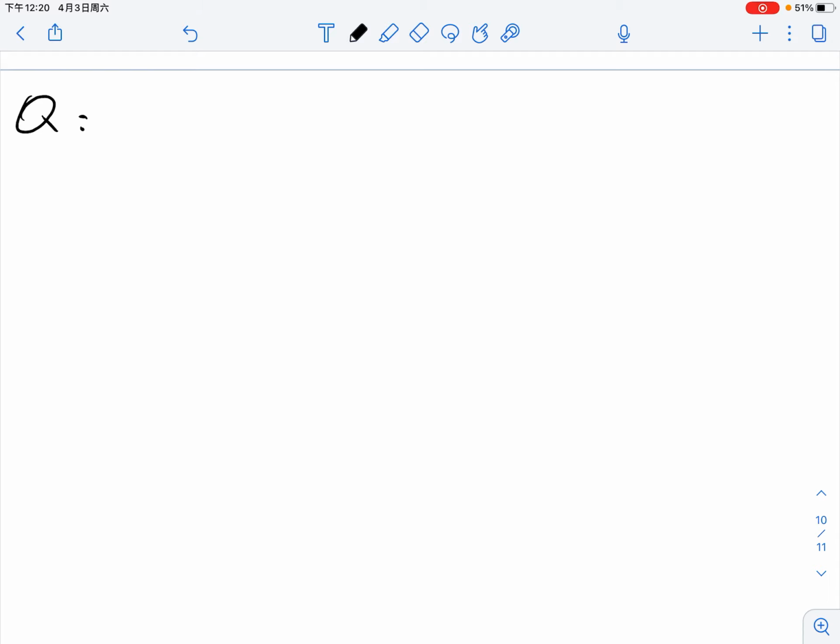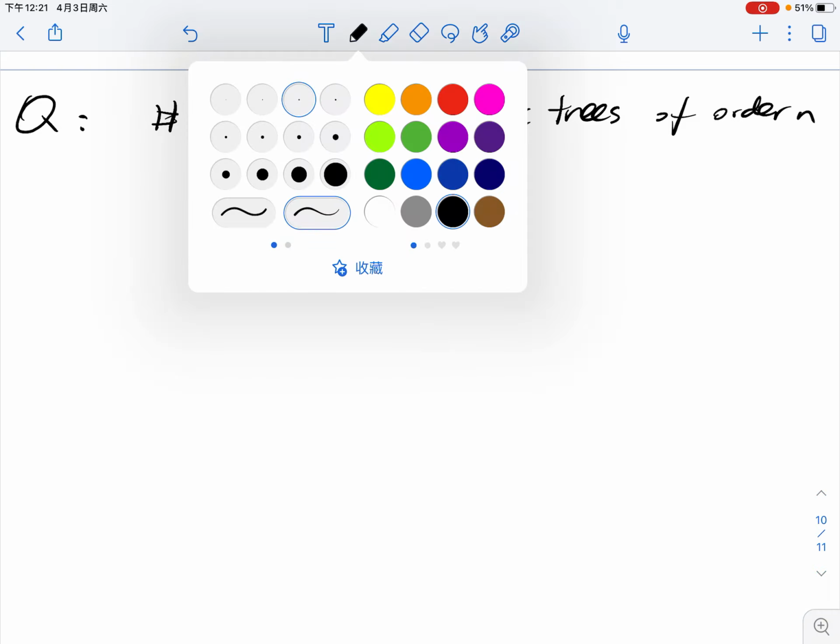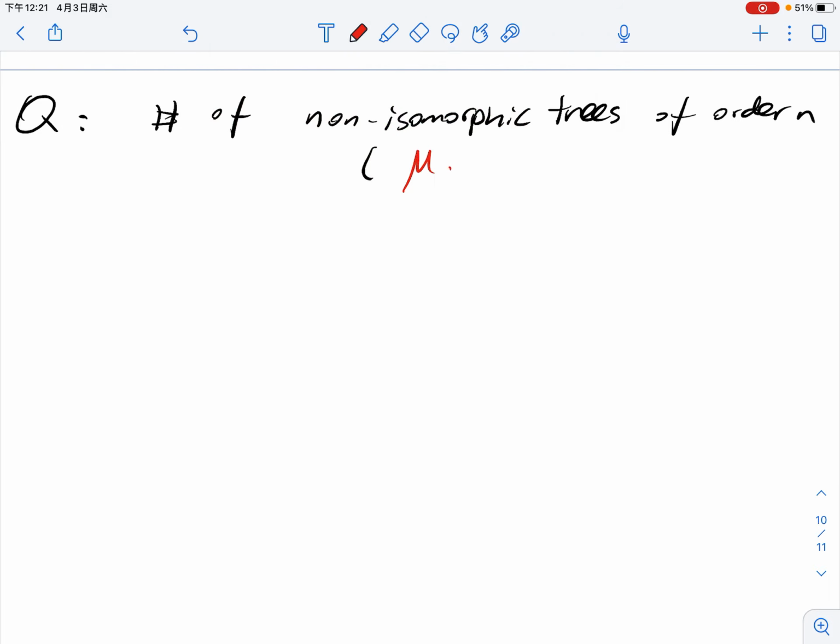Okay, so a similar question is what is the number of non-isomorphic trees of order n? So we call this mu_G.